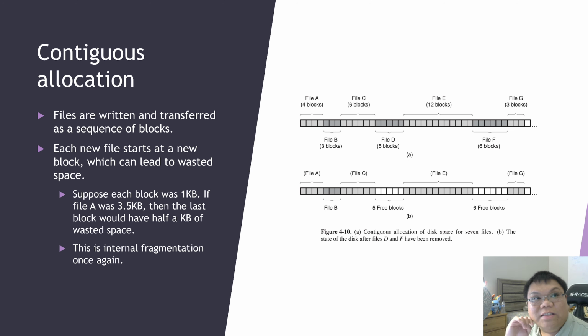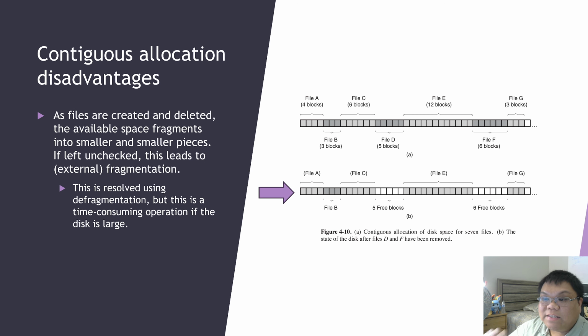So you need some method of defragmentation, or rather compaction, to get all these holes back together into one big hole. And that's actually one of the disadvantages of contiguous allocation. We get external fragmentation, which can be resolved using compaction, but it's a long and time-consuming process.